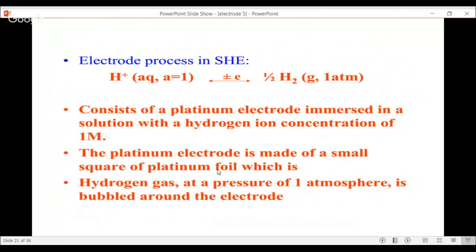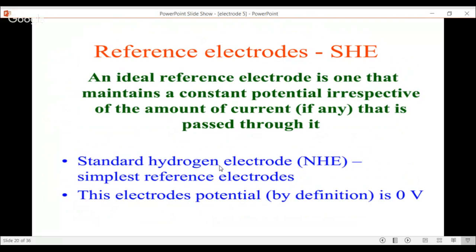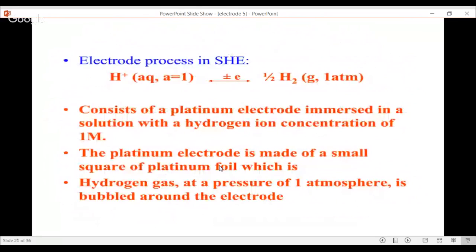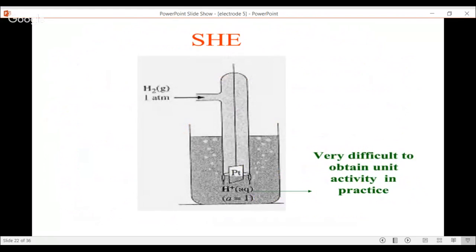This is the hydrogen electrode. So you can see this is the platinum disc which we were talking about. The platinum disc is dipped in the 1 molar HCl solution, or H plus solution, where the activity is 1, not molar. It is very difficult to obtain unit activity in practice.